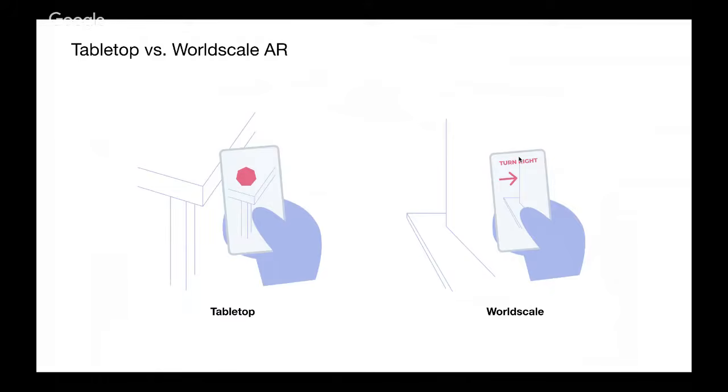All right, we have a little bit more deep nomenclature at Mapbox on different types of augmented reality experiences. We bucket them into two categories. We have tabletop AR experiences and world scale AR experiences. And the difference between these two is obvious from this little illustration. The tabletop is really about the few meters around your user.